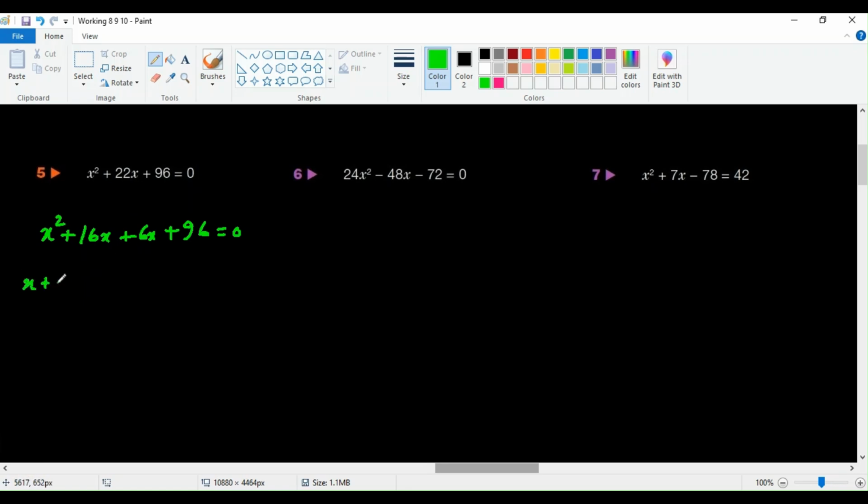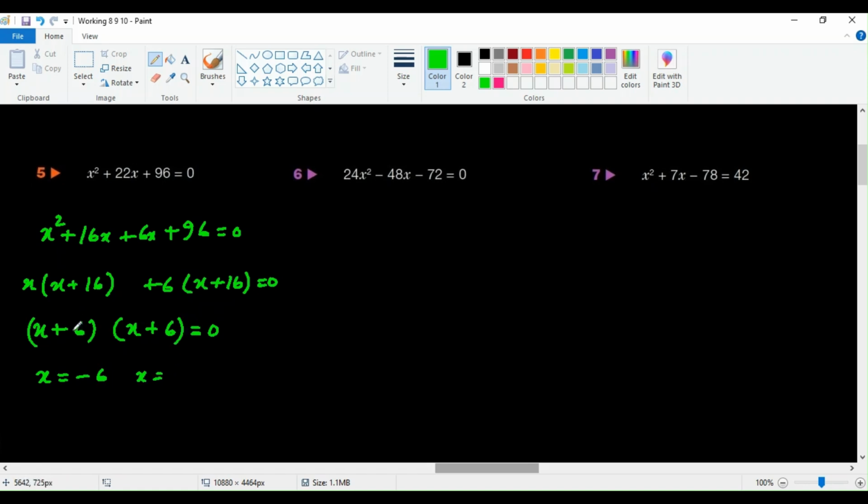So x plus 16 you will write like this, and copying and pasting once again the same thing, equals 0, and plus 6x will be this way. So x plus 6 and x plus 16 is going to be the answer of this question. But since we need to find out the value of x, the value of x is going to be negative 6, and the other value is going to be 16. I should write here negative 16. So these are the two values.